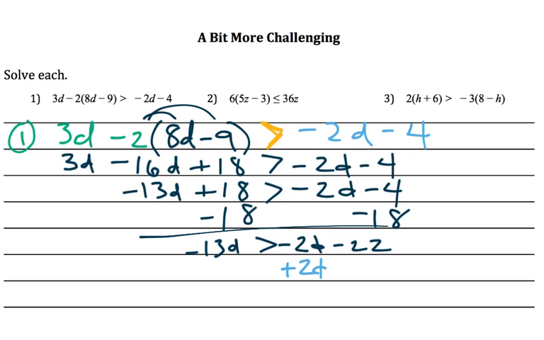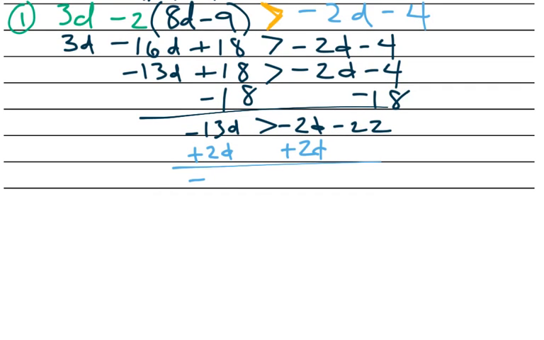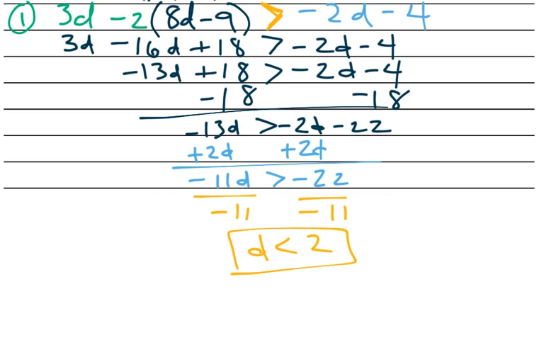Adding 2D to both sides gives me negative 11D is greater than negative 22. Divide both sides by negative 11, which means you have to change the direction of the sign, and I'm going to have D as less than positive 2.